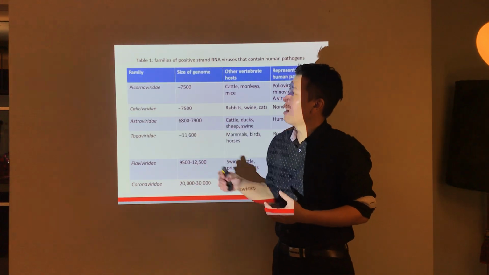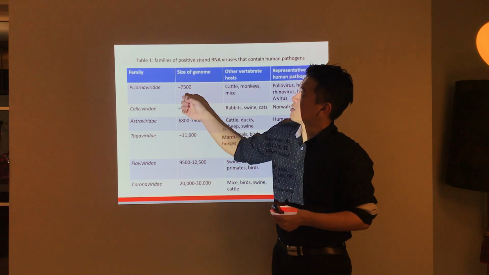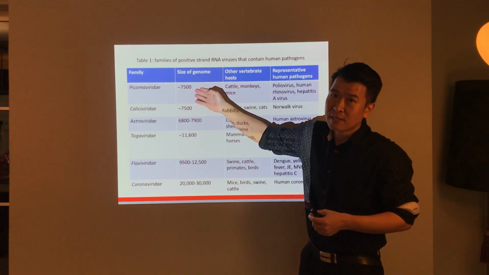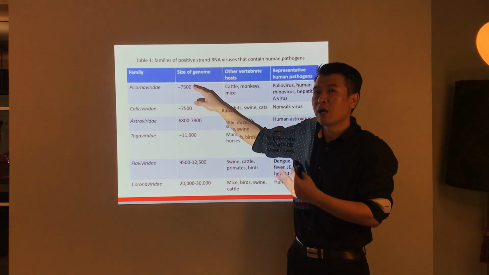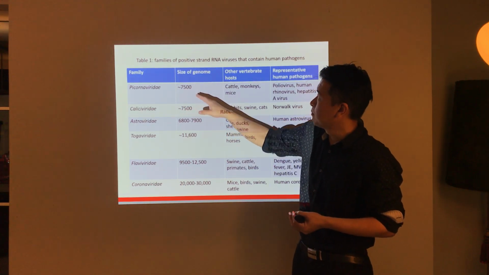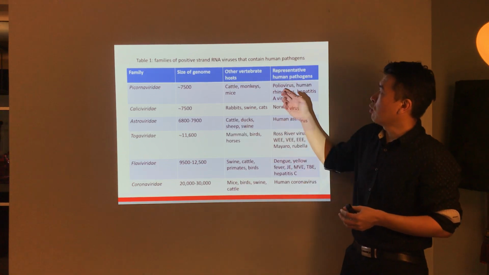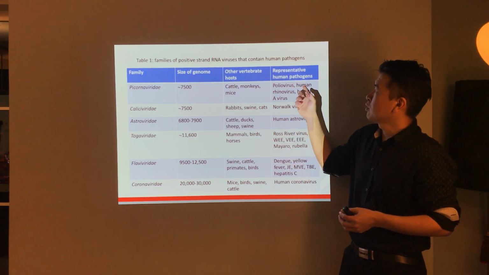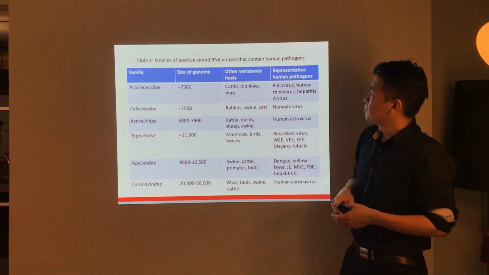So we have Picornaviridae, which has a genome size of 7,500 bases. Now be careful, because it's single-stranded, we're not going to call it base pairs. So 7,500 bases, and the viruses cause poliovirus, human rhinovirus, hepatitis A virus.